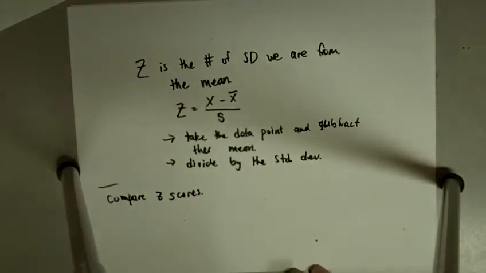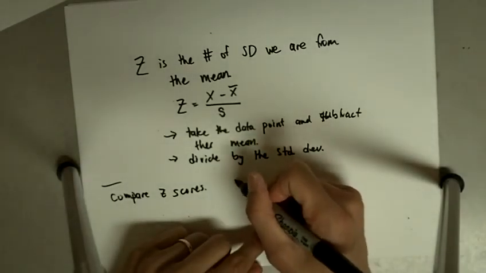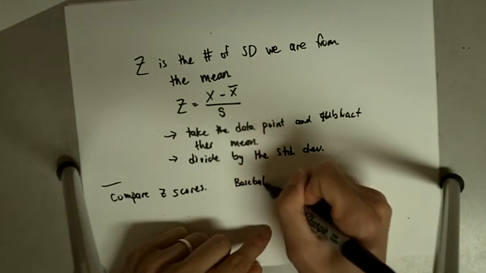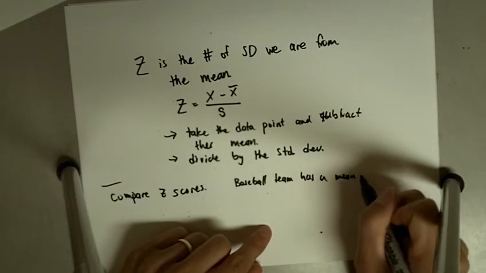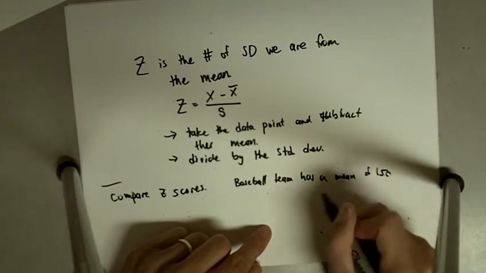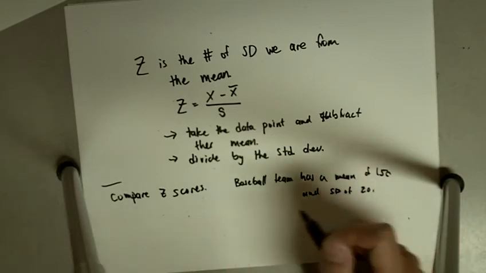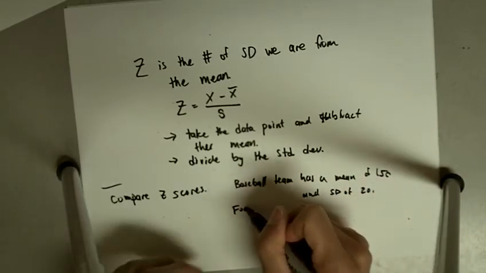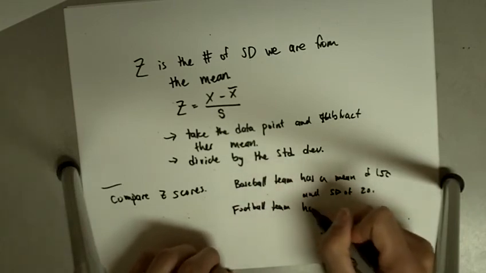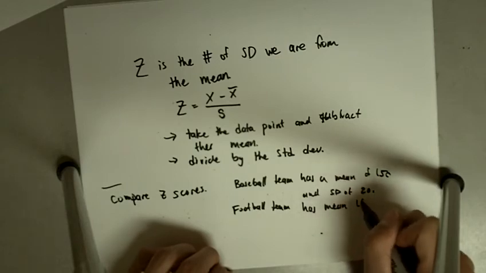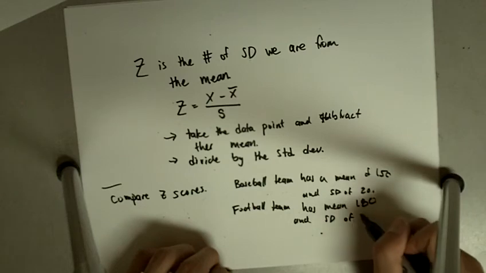Okay? So, for example, let's say the baseball team has a mean weight of 150 and standard deviation of 20, and the football team has mean weight 180 and standard deviation 25.